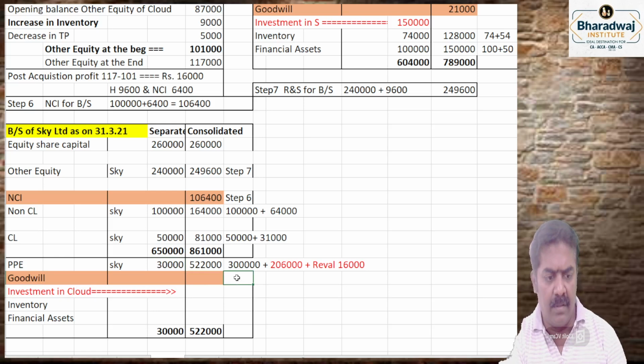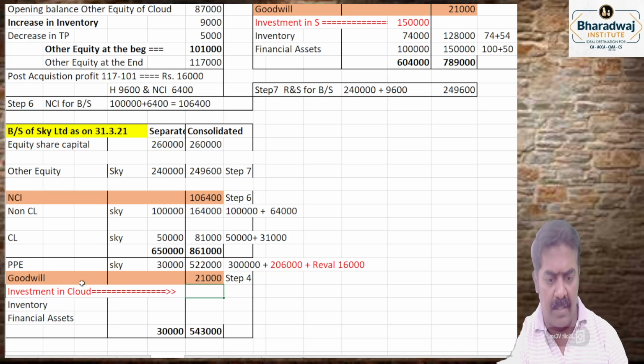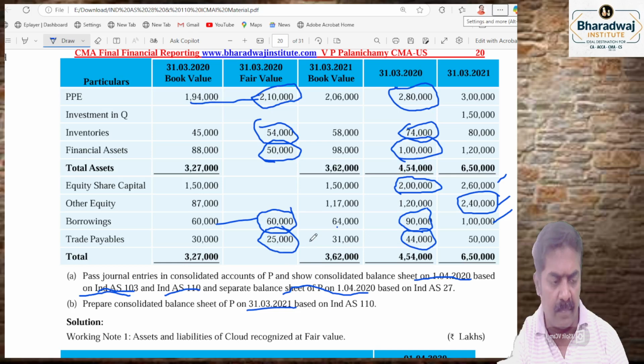Goodwill, step number 4. How much? Investment will come as it is. Separate balance sheet investment will come. How much? 1 lakh.